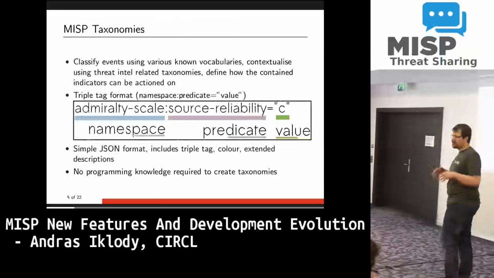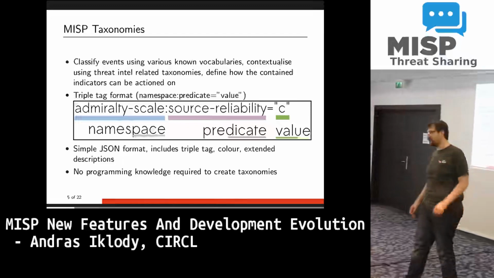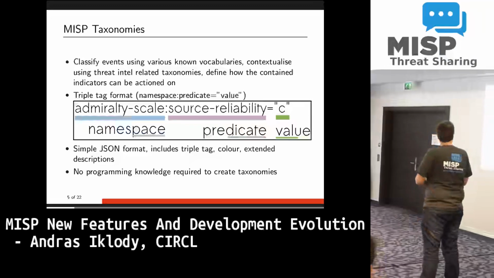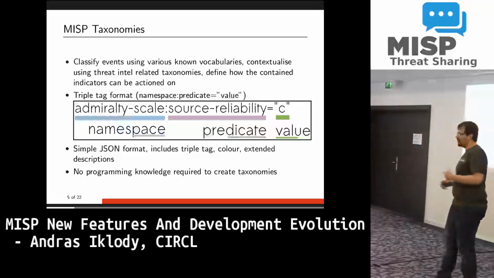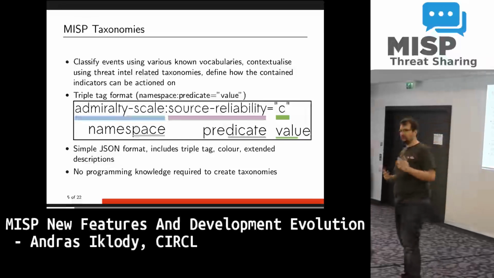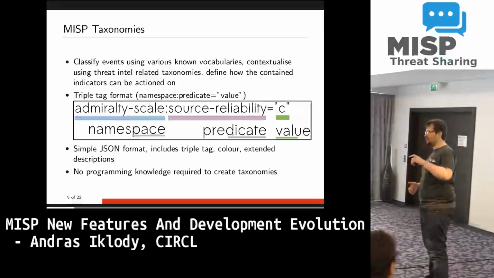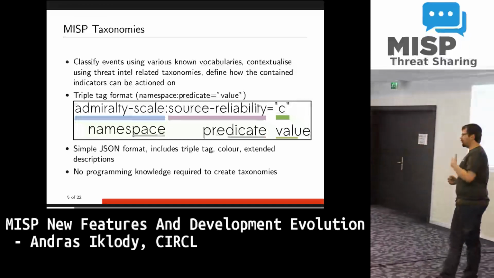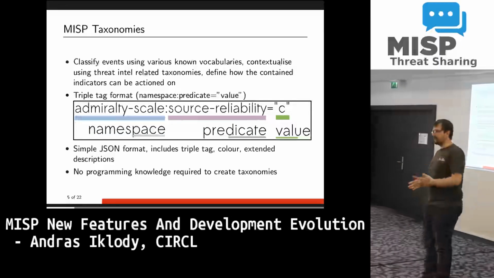This was the first big modular system that we had with MISP, and this started late last year in November, I think. The idea with this was that people were trying to use the tags more and more in MISP. Tagging is basically a label that you put on an event, and they were using it for more and more complex stuff.